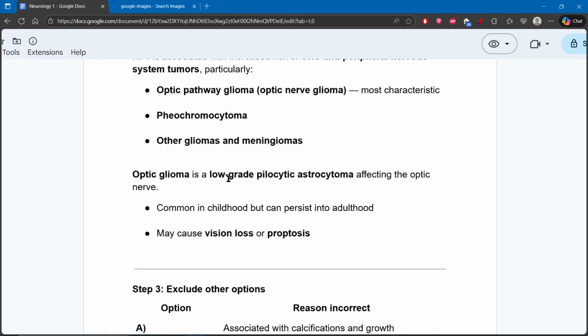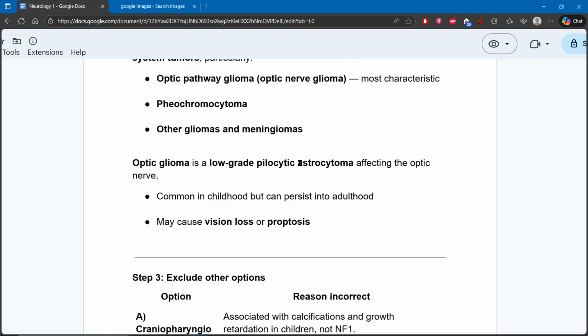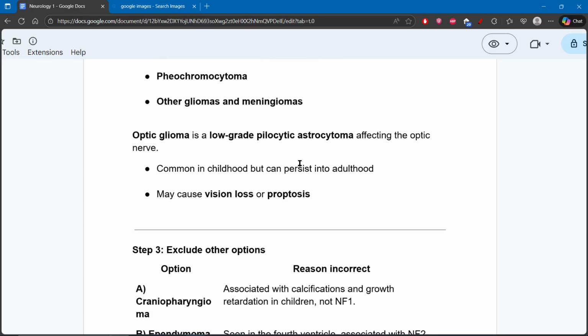The optic glioma is a low-grade pilocytic astrocytoma. You must know this because they might mention optic glioma in the question, or they might mention its counterpart description, which is the low-grade pilocytic astrocytoma. Both of these are the same, so they can mention any description, and you must know both of them. That's how they make the question more confusing, by just putting synonyms in the question.